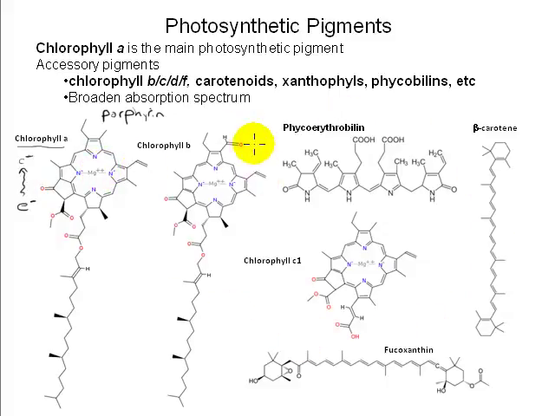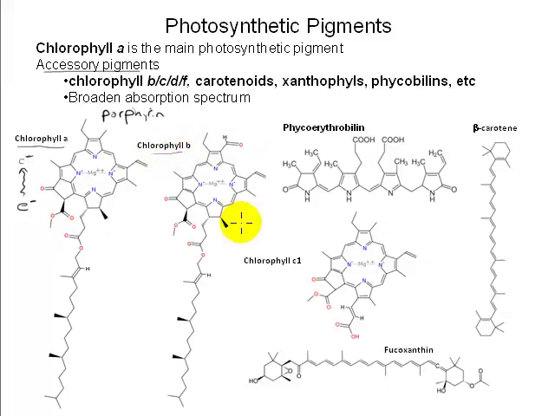Different pigment molecules with different molecular structures will interact with different energy levels of light, and so will absorb or capture different wavelengths. These other pigments are referred to as accessory pigments that may or may not be found depending on what organism you're looking at.